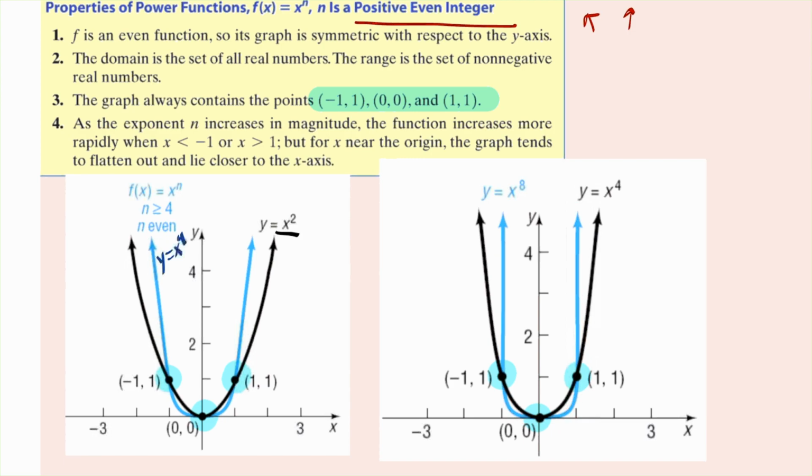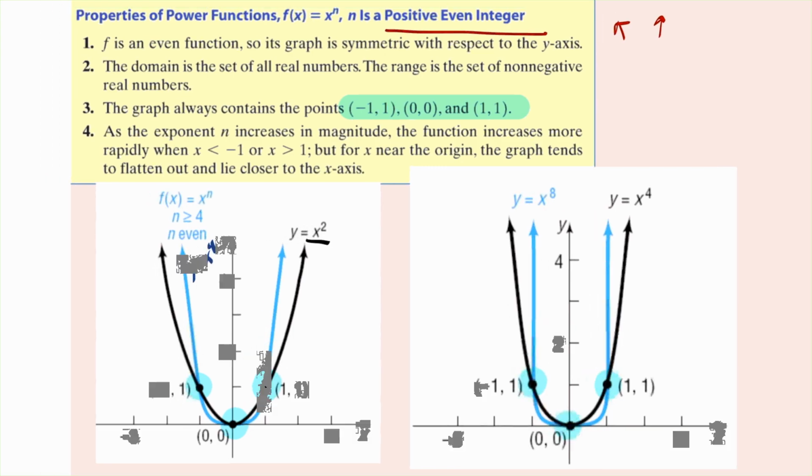So if we go up in power and they're all even, they don't look markedly different. I could have tricked you and said, oh, they're all parabolas. But in reality, they aren't. We have a quartic, and then we have an eighth degree function, but they all look very similar. Again, the differences are the bottom of the graph and how vertical the sides are. So that is a power function where the power is even.